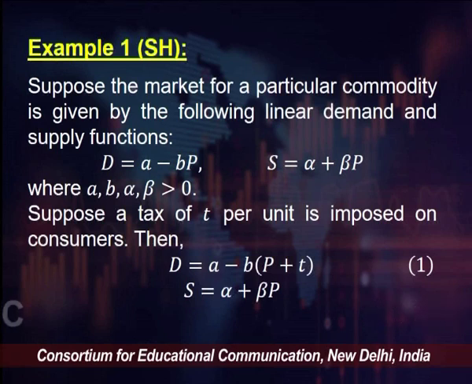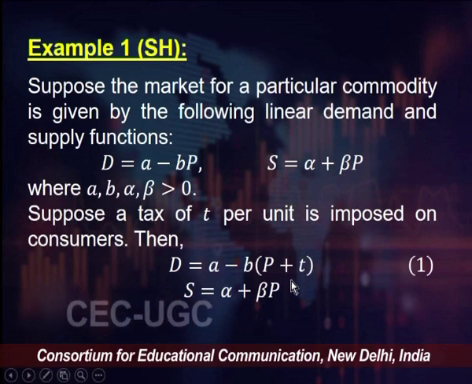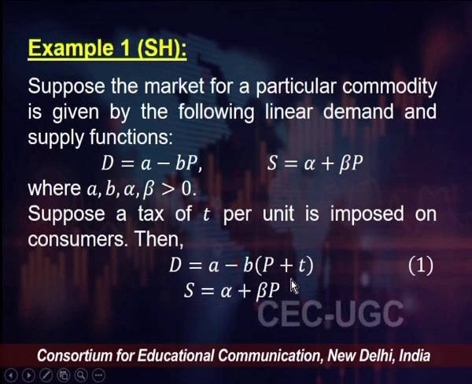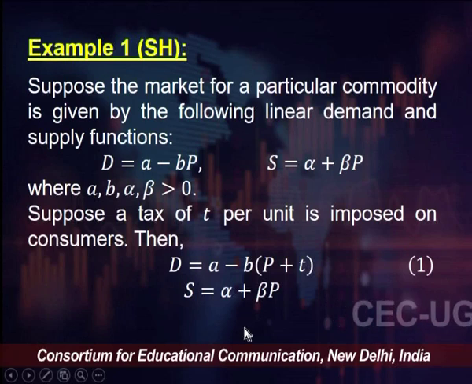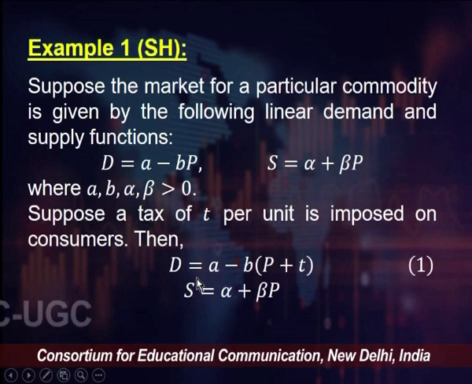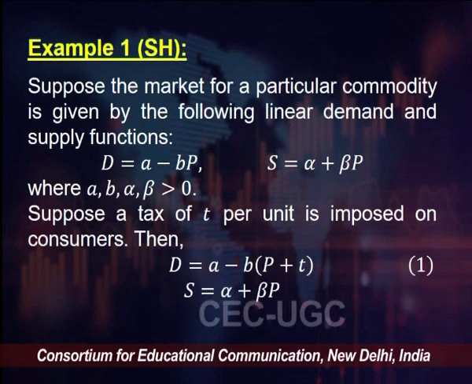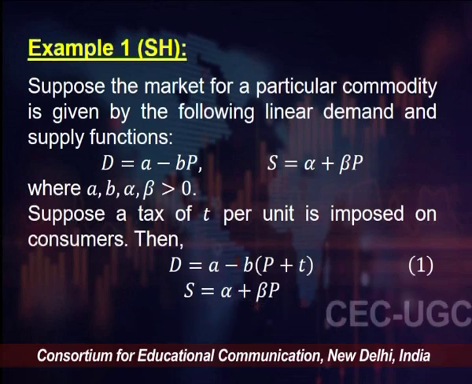Now, hold on a moment to understand what these new equations are leading us to. If you remember the stuff that we did on the shifting of graphs, and you can go back to one of my earlier lectures on the shifting of graphs, we have this demand function D equal to A minus B times (P plus T).